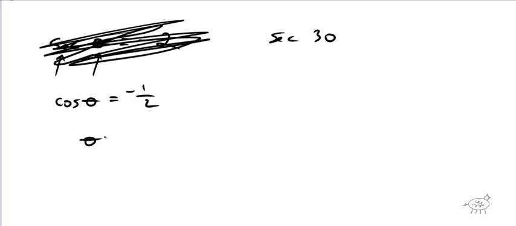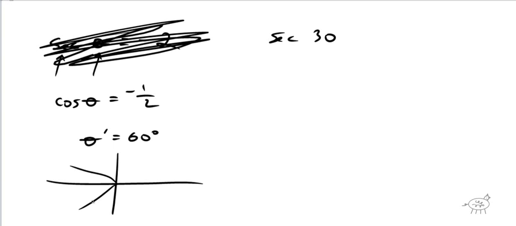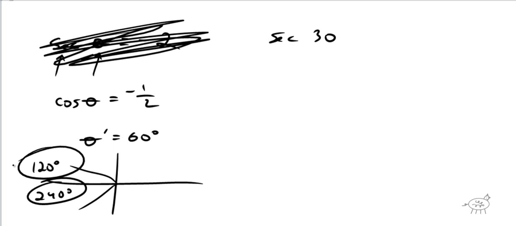My reference angle is 60 degrees. Where's cosine negative? Here and here. So 180 minus 60 is 120, and 180 plus 60 is 240. Those are your two answers. It's really easy. You just got to rewrite it, though. I cannot stress that enough.